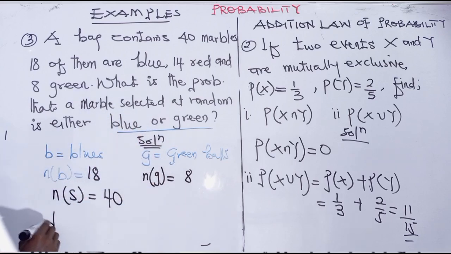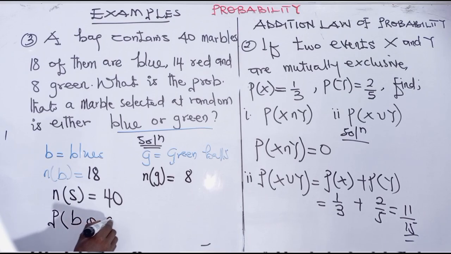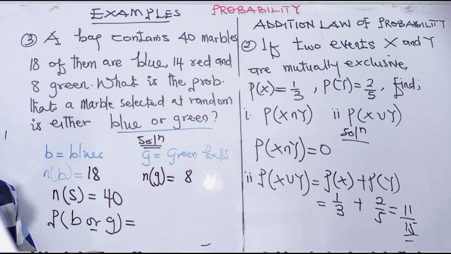Now we are looking for blue or green. So we have the probability of having blue or green. The keyword is what? Or, which refers to the addition law. Now looking at this experiment, we can say that it is a mutually exclusive event because we can't pick a marble from the bag with different colors.